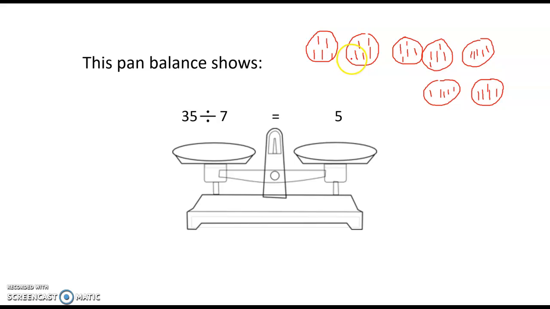So you can see we have 1, 2, 3, 4, 5 in each group. So 35 divided by 7 is the same as 5. It's equal to, so you can see the pan balance is equal or even on both sides.